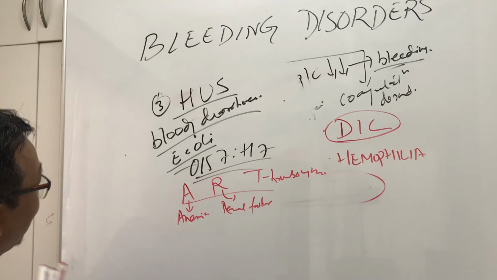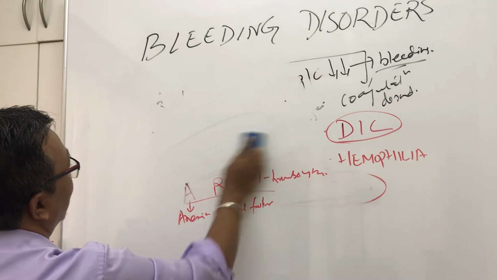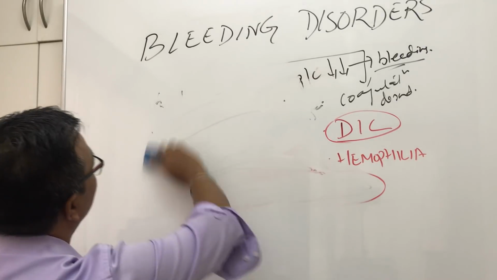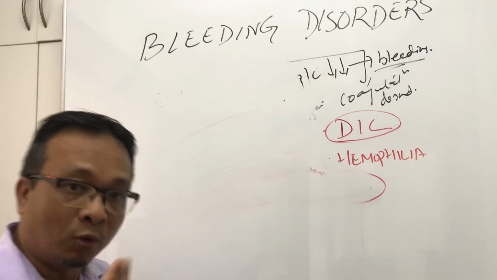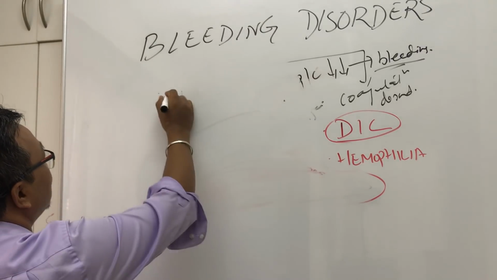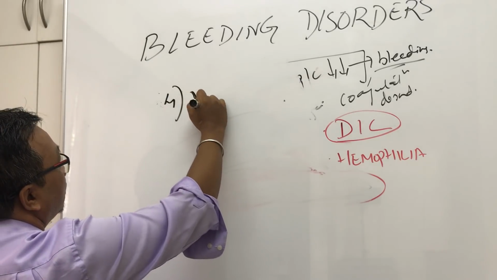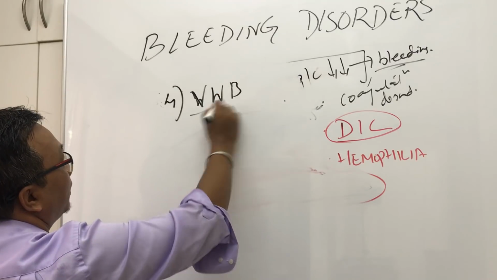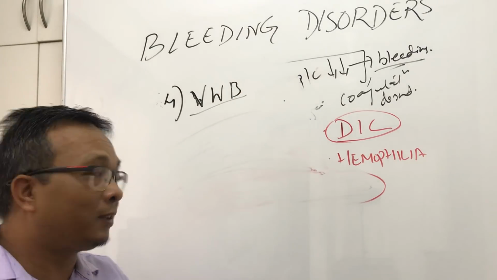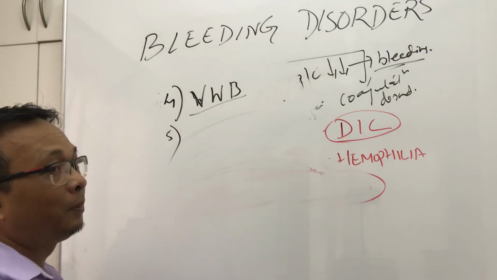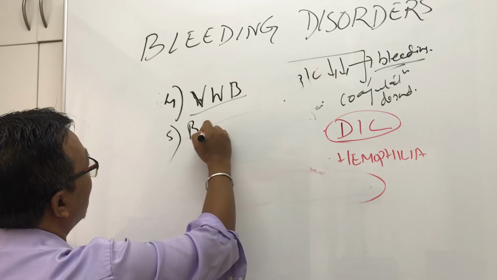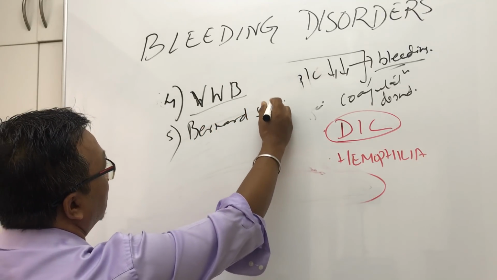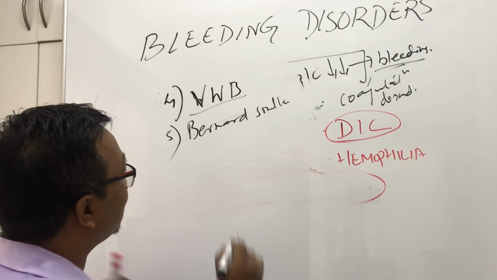Then after this, in platelet disorders, we have von Willebrand disease, where there is a deficiency of von Willebrand factor. Then number 5, there can be Bernard-Soulier syndrome. Now in Bernard-Soulier syndrome, what happens in the platelets?